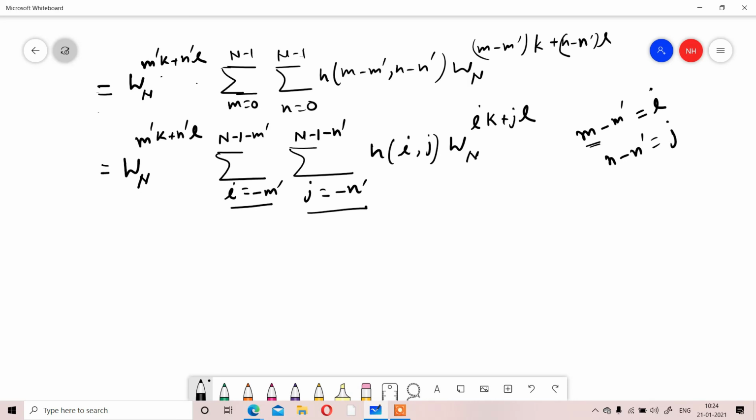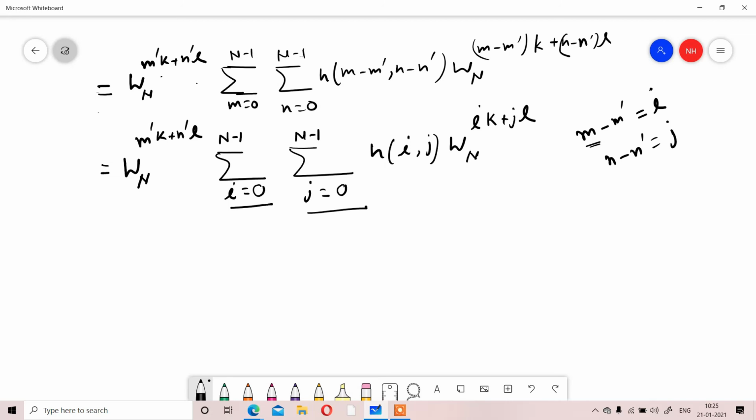So always for circular convolution you can write it as i equal to 0 to N-1 as well as j equal to 0 to N-1.